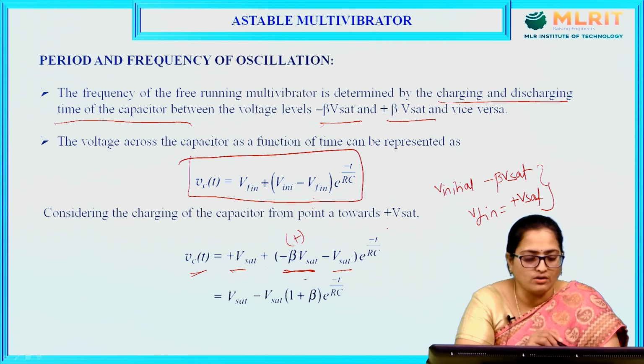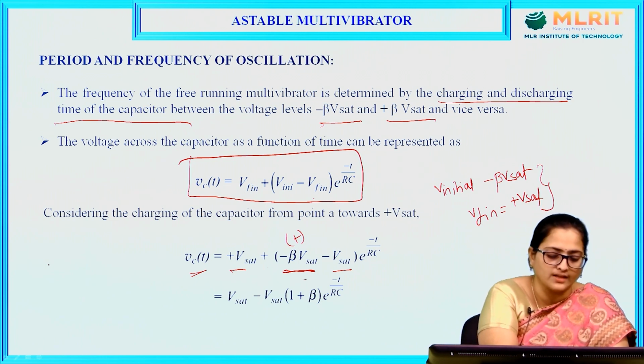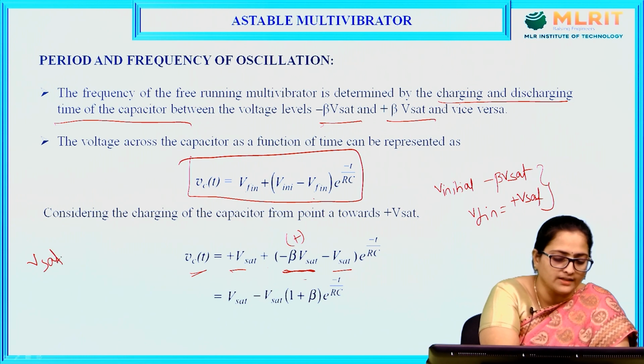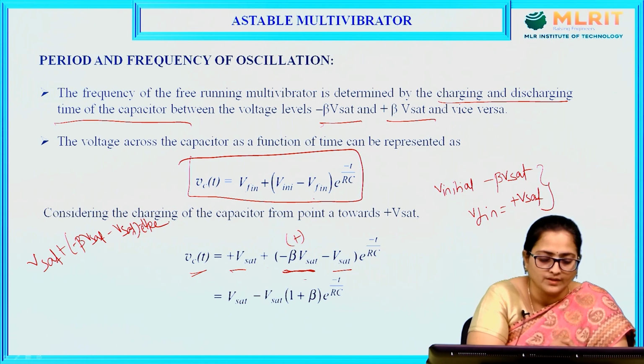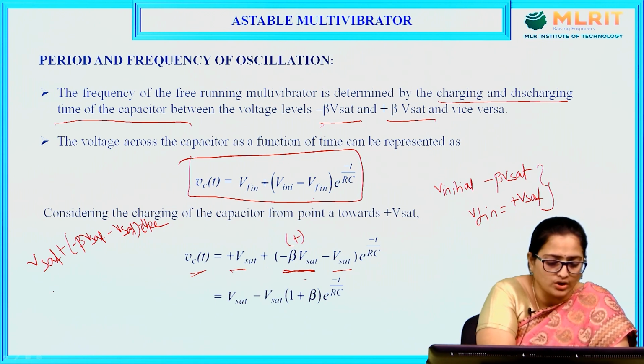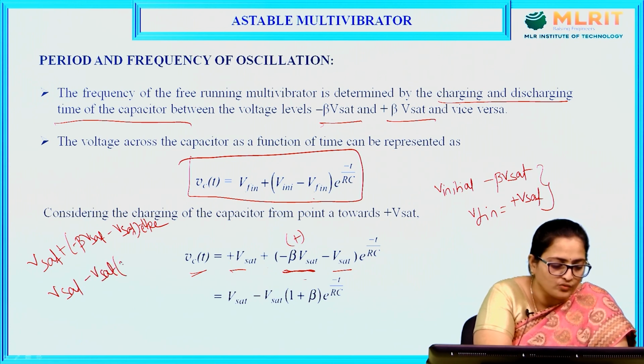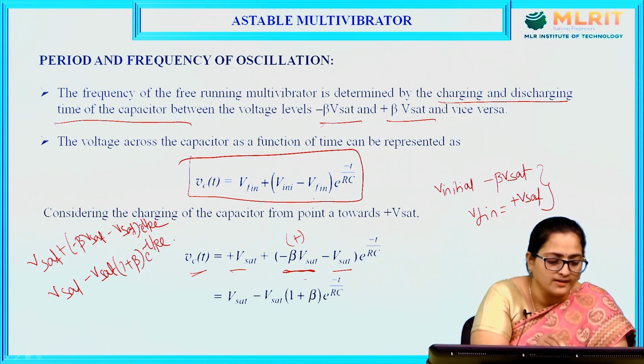If you solve this, taking Vsat common, you can write Vc as Vsat minus Vsat (1 plus beta) e power minus t by RC.